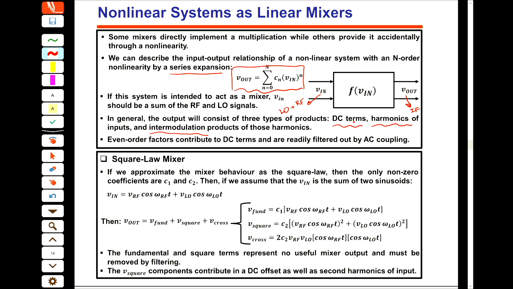These DC terms come from the even order components, and then we can just filter them with a single capacitor. We can stop here, and I think you need to have a look at these lecture slides on the mixers before going to the lab.